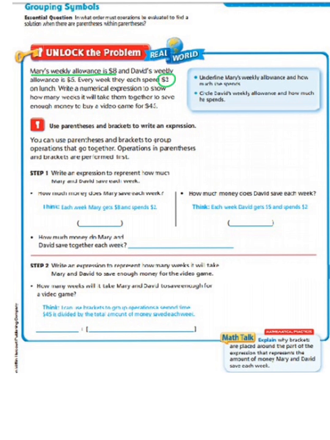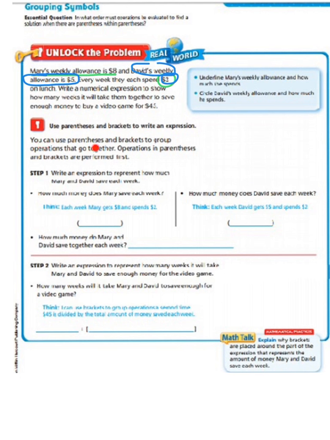Now we're going to circle David's weekly allowance. It says David's weekly allowance is $5 and he also spends $2 on lunch.